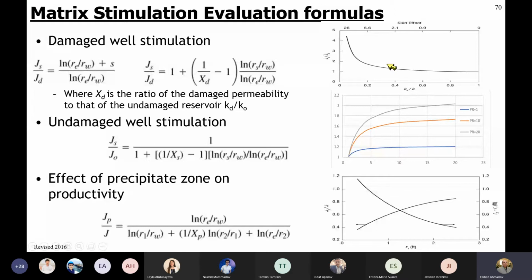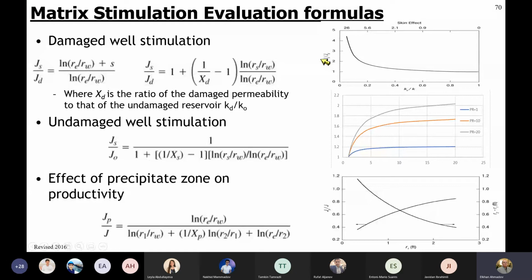For example, we can see here the stimulated permeability against the damaged permeability change and how that affected the productivity, how much the productivity was increased over the damaged one.